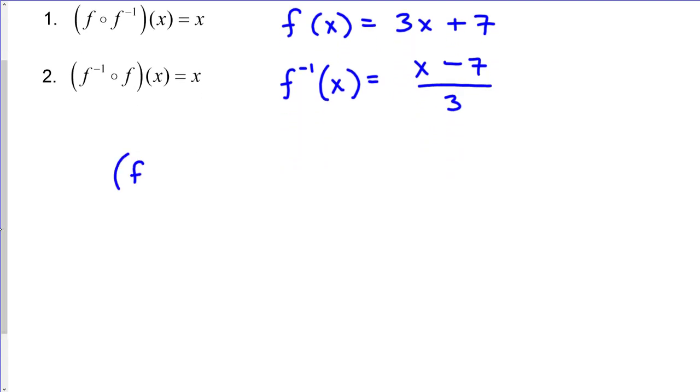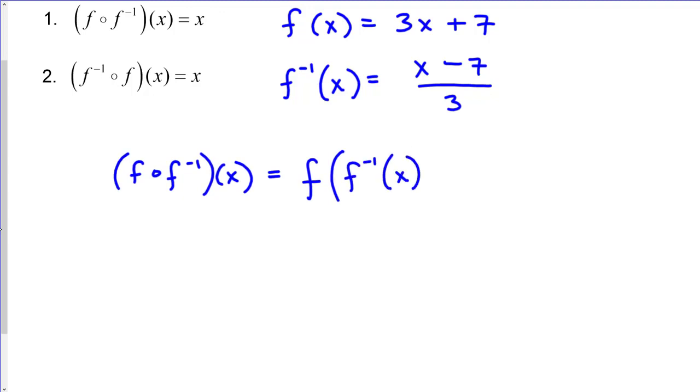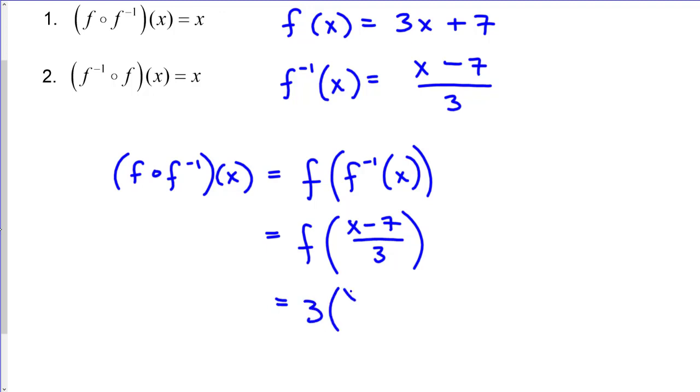So if I do f composed with f inverse, then what that means is to evaluate f of x at f inverse of x, or to evaluate f of x at x minus 7 divided by 3, which means I would take 3 times x minus 7 over 3 plus 7.